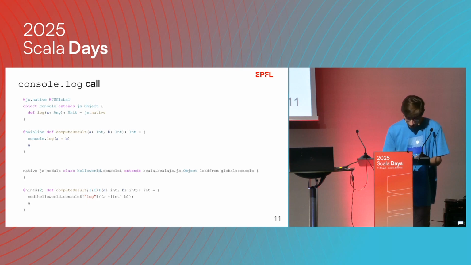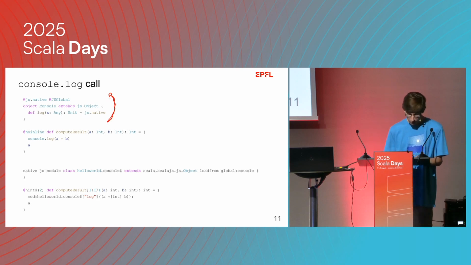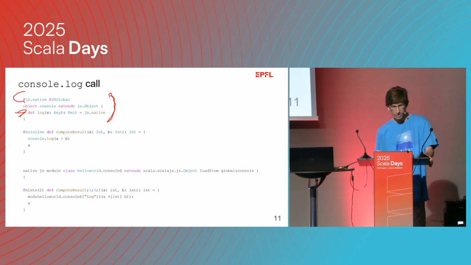So let's look first at our source code for the definition of the global console object in JS. So we annotated as this is a native object. It's in the global scope. It looks like this. It has a method def log that takes an any, returns a unit. Trust me.